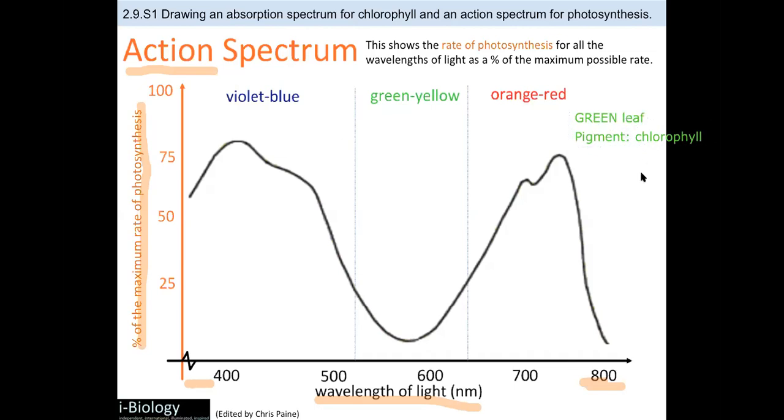We're assuming that the plant we're talking about in this moment is a green plant, green leaf, and that the chemical that's absorbing its light is chlorophyll. Now, what we'll see in subsequent slides is there are many different types of pigment, but the most common one, if we're looking at a green plant, is chlorophyll.